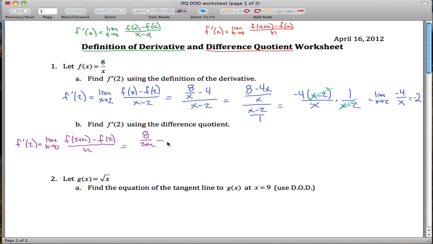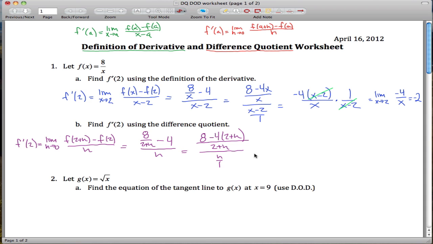F of 2, we already figured that out, it's 4, divided by h. Now we want to do some algebra here. We need a common denominator of 2 plus h. So the way you get that is you multiply this by 2 plus h over 2 plus h, and you get 8 minus 4 times 2 plus h divided by 2 plus h, all over h over 1.